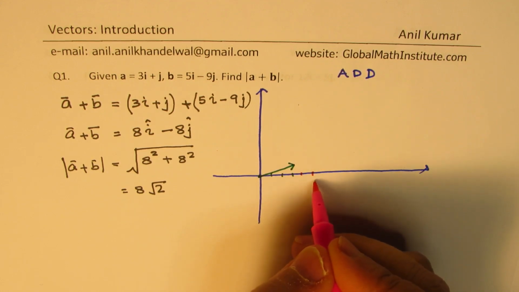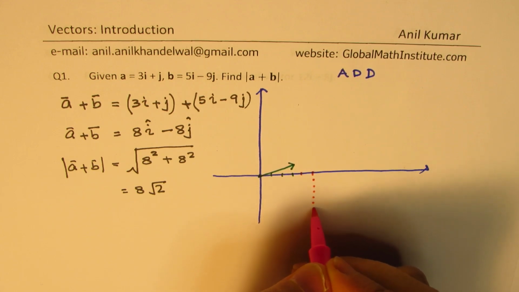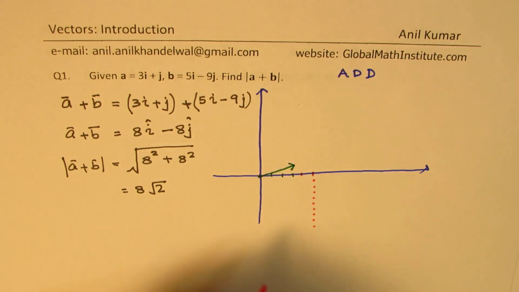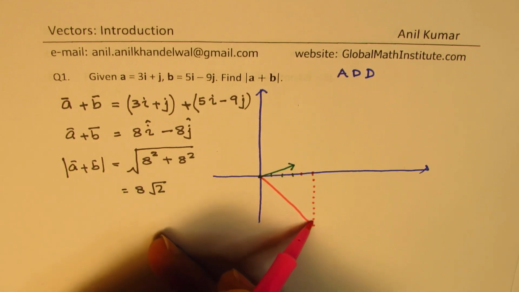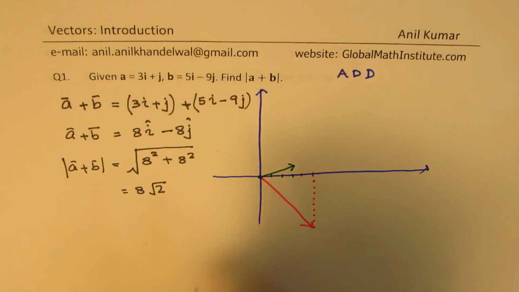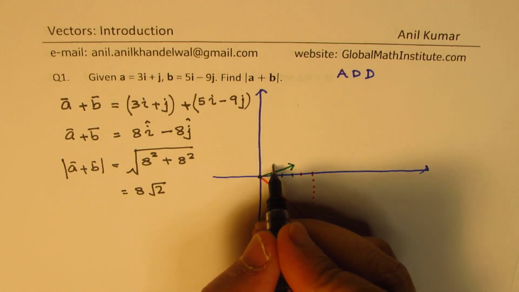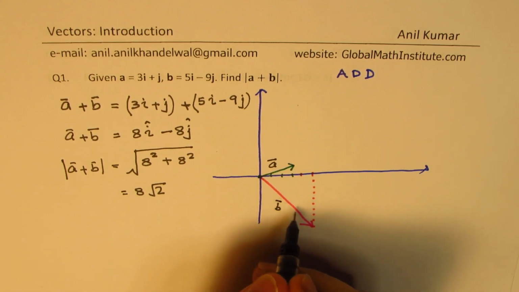And minus 9 will mean 1, 2, 3, 4, 5, 6, 7, 8, 9, right? So the vector like this becomes the vector B. So that is our vector A, this is our vector B. Is that clear to you?